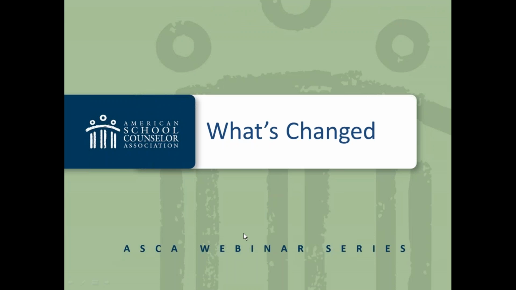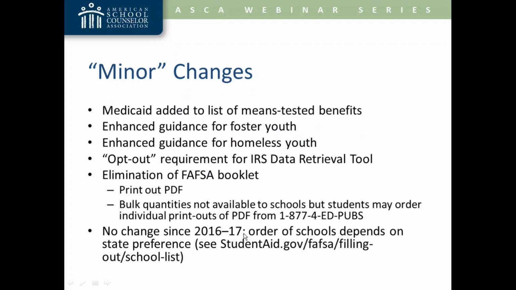Right, let's start with what has changed in 17-18. If you are already familiar with the FAFSA, you would know that there is a question that asks about whether a student or anybody in the family, in the household, has received any of a list of means-tested benefits over the past couple of years.